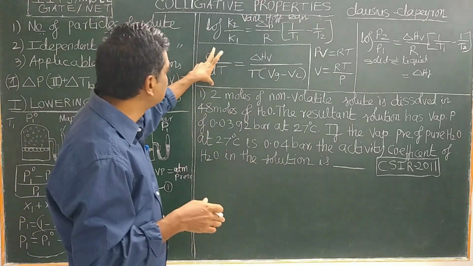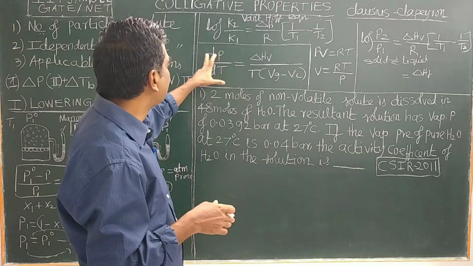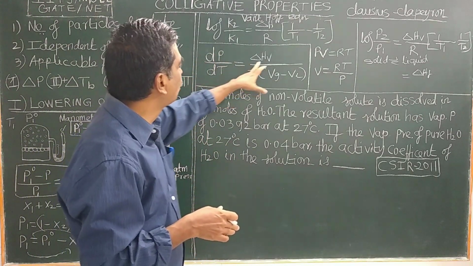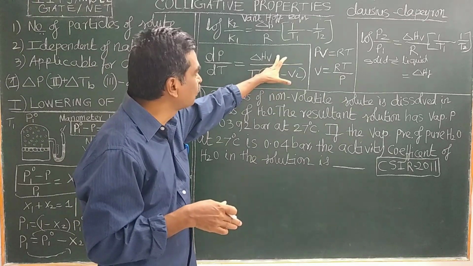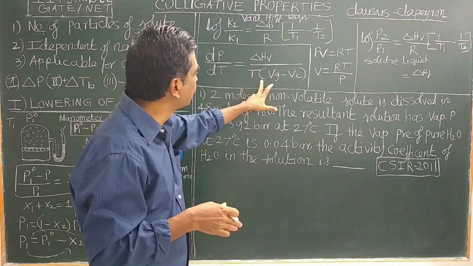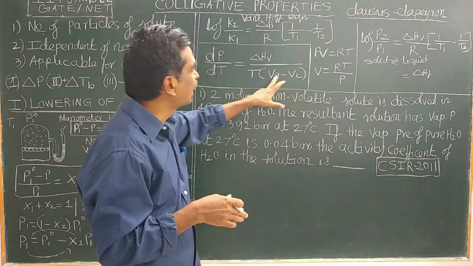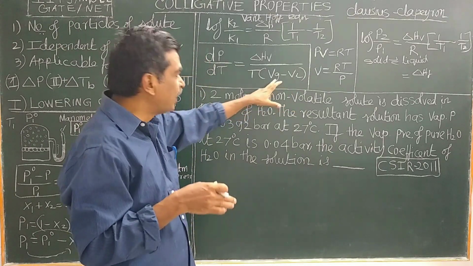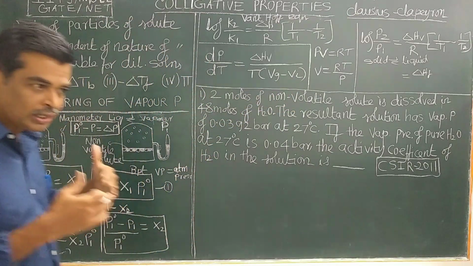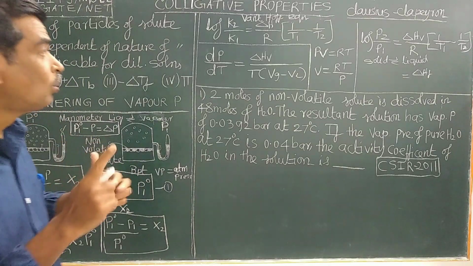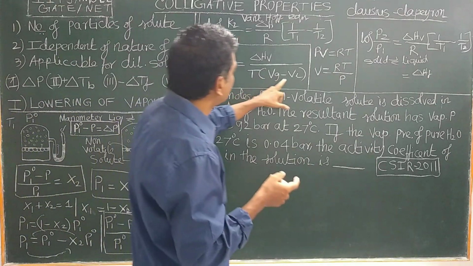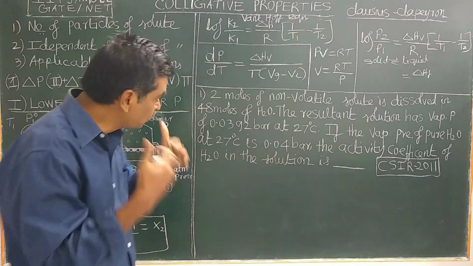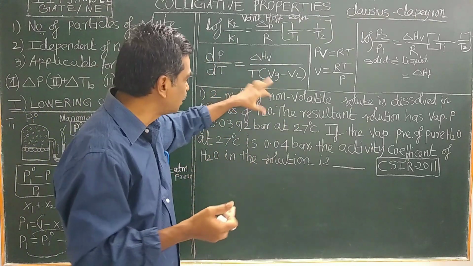It is obtained from this expression, dP by dT. The rate of evaporation is directly proportional to the enthalpy of vaporization divided by T (Vg minus Vl). As I said, Vg is the volume of 1 mole of water vapor at that temperature, and Vl is the volume of the liquid water at this temperature.